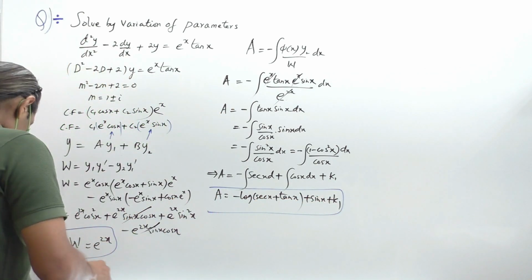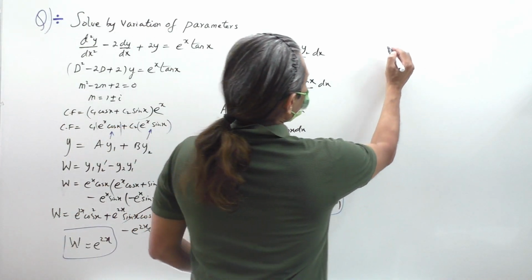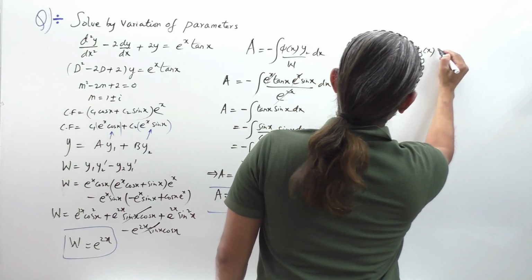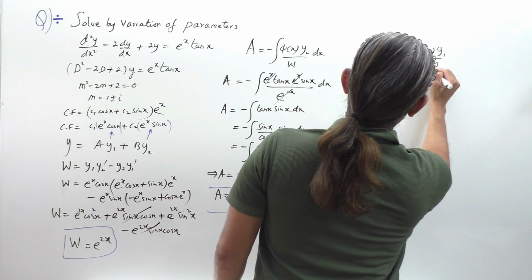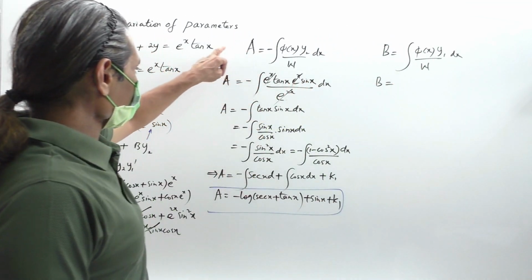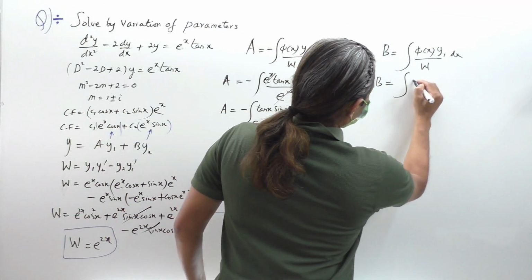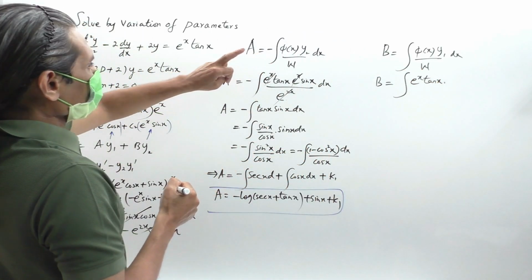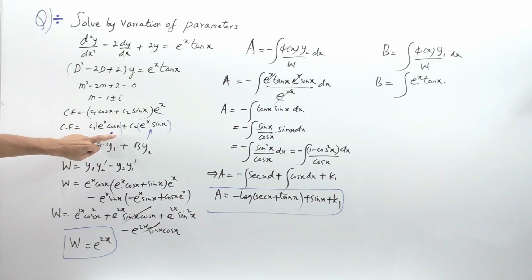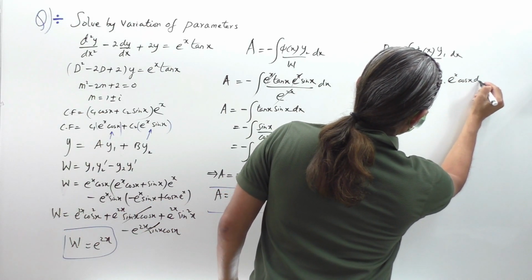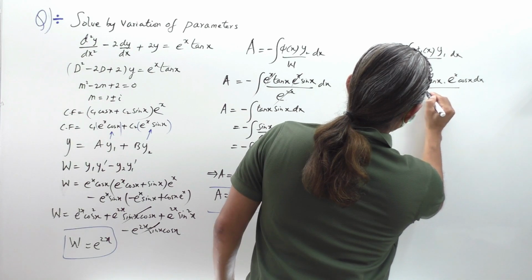Next, after finding A, we will find B. B will be, I think, simple. So, B is integration of phi of x into y1 by W dx. What is phi of x again? e raised to x into tan x, into y1. What's y1 here? It's e raised to x into cos x, whole divided by e raised to 2x.